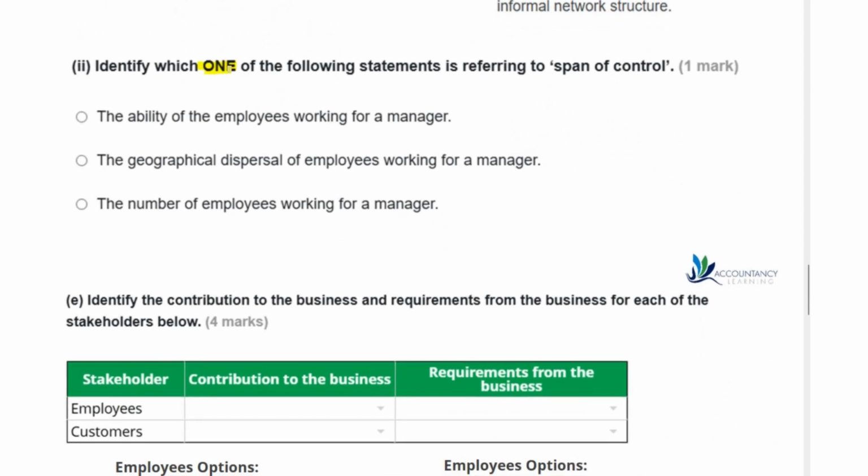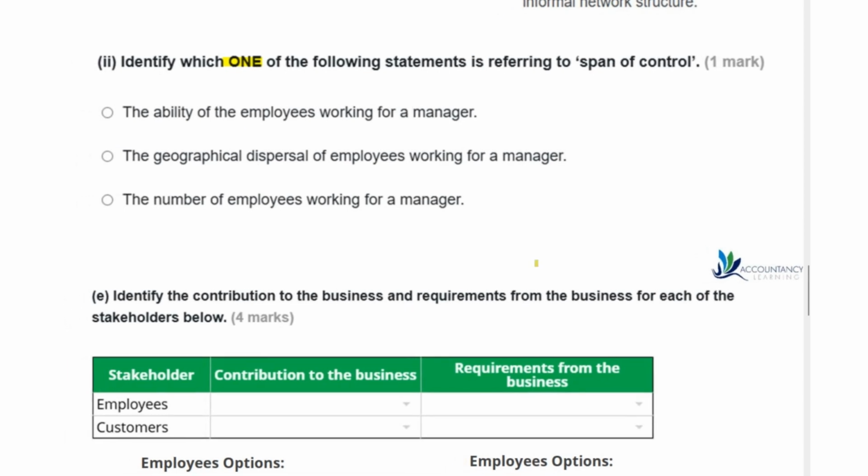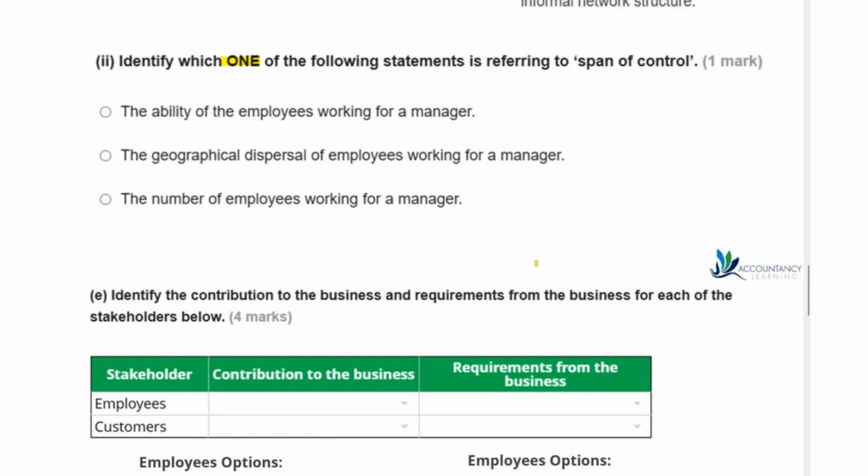Identify which one of the following statements is referring to span of control. We've got the ability of the employees working for a manager, the geographical dispersal of employees working for a manager, or the number of employees working for a manager. So there's ability, then there's geographical, so location, and then there's number of employees.